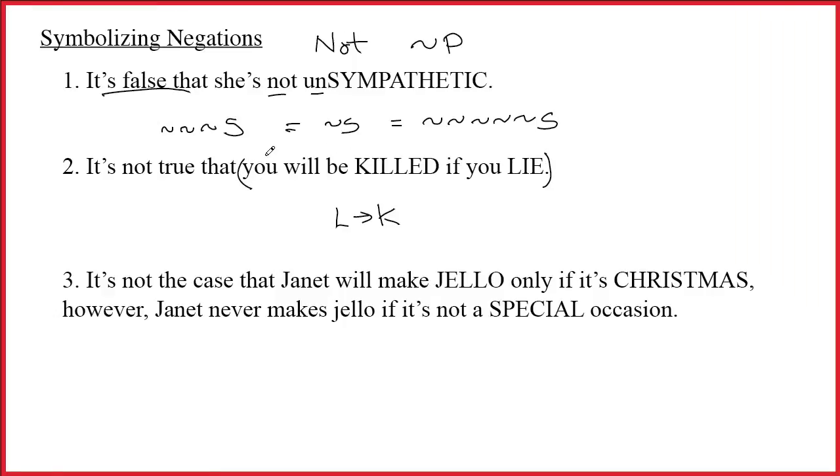So there's basically parentheses going right here. What's not true that? This whole sentence. And so in order to negate this sentence, we have to put in parentheses and a tilde just like that. In fact, it's not true that will typically negate an entire sentence.